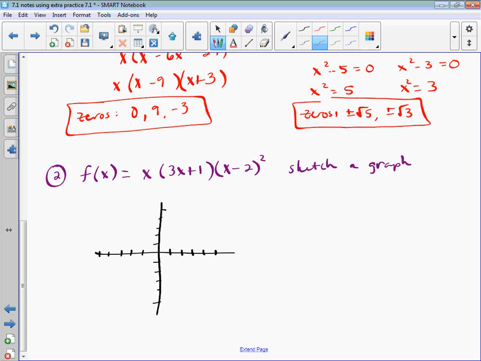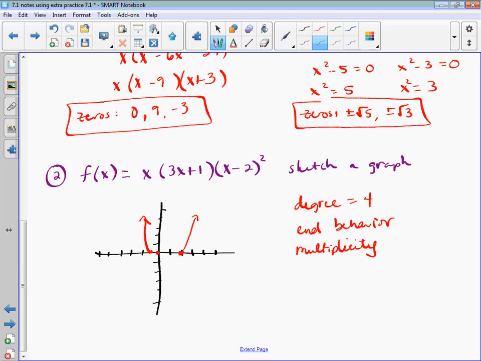So where are they? 0, negative 1/3, so those two are kind of close. And then the other one? 2, okay. What's our degree of this polynomial? 4, okay. So when you're graphing it, I would think about your end behavior too. So if it's degree 4 and there's not a negative leading coefficient, where should both of your ends be going? Up, okay. So I know this is happening, and I know that is happening, right? Okay.